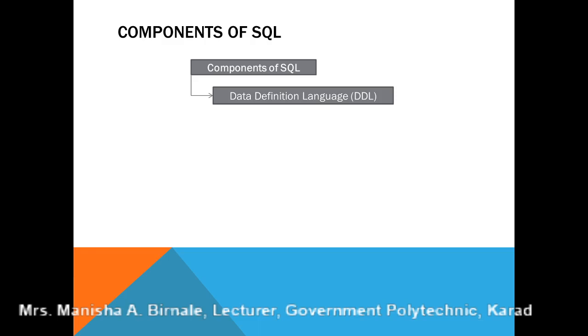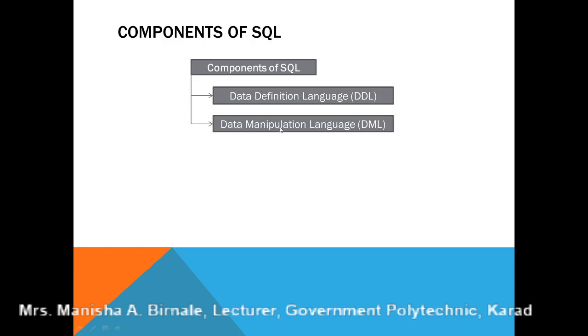This component consists of SQL commands which are used for defining data. It consists of commands for, suppose, creating a table or renaming a table or modifying that table. So it contains commands for defining the data. That's why it is called a data definition language.